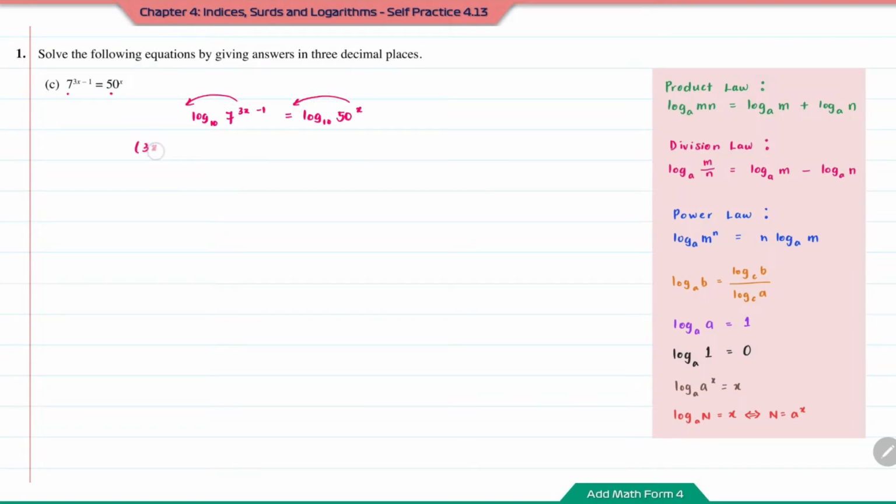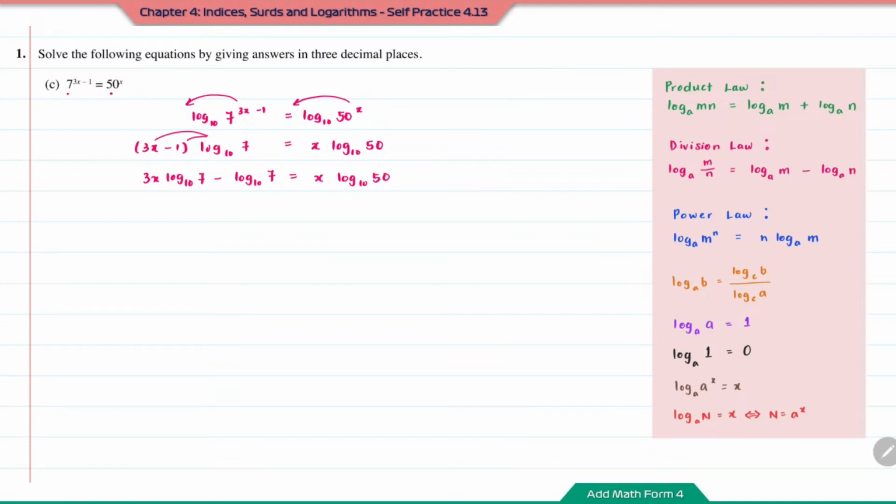So here we're going to have bracket 3x minus 1 times log base 10 of 7 equals x times log base 10 of 50. So next we're going to expand this. You're going to get 3x times log base 10 of 7 minus log base 10 of 7 equals x times log base 10 of 50.